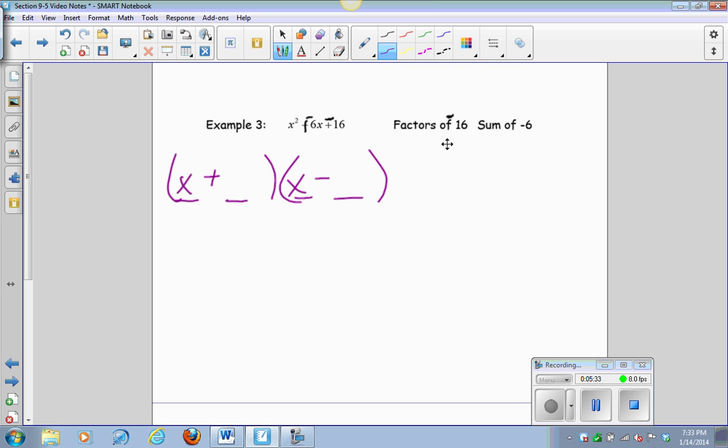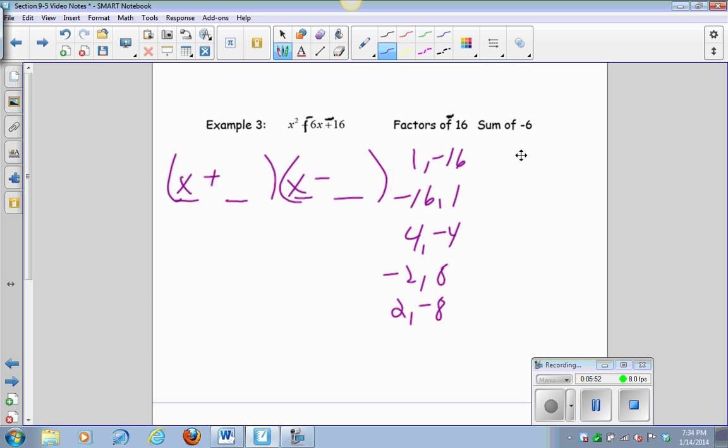I'm going to list the factors of negative 16. They're 1 and negative 16, or negative 16 and 1, 4 and negative 4. Doesn't matter if I reverse that. And then I have negative 2 and 8, or 2 and negative 8.